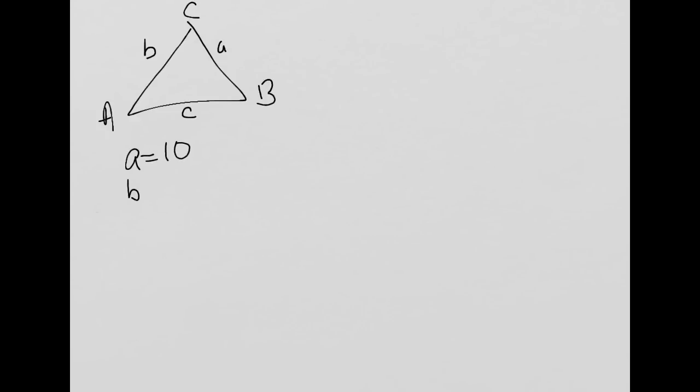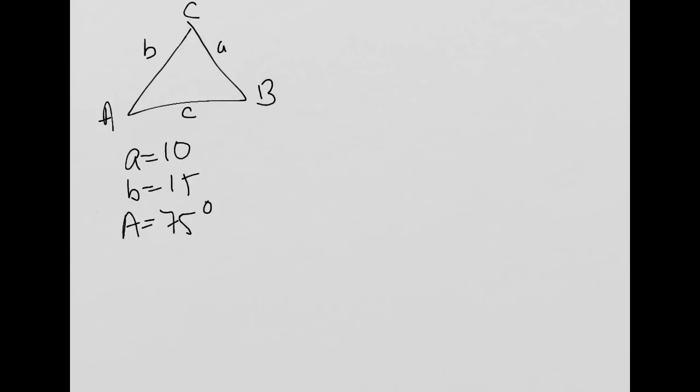Unfortunately, this doesn't always work. Suppose I had a triangle with angles A, B, C, and I claimed that little a was 10, little b was 15, and capital A was 75 degrees.